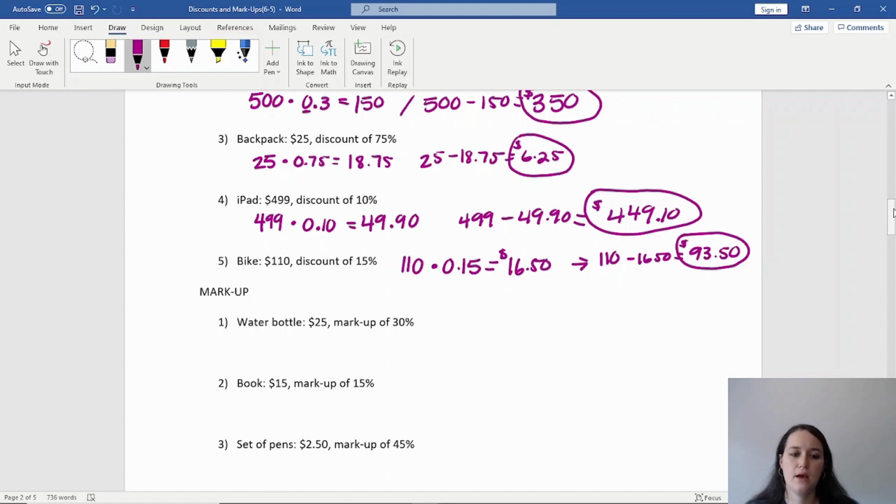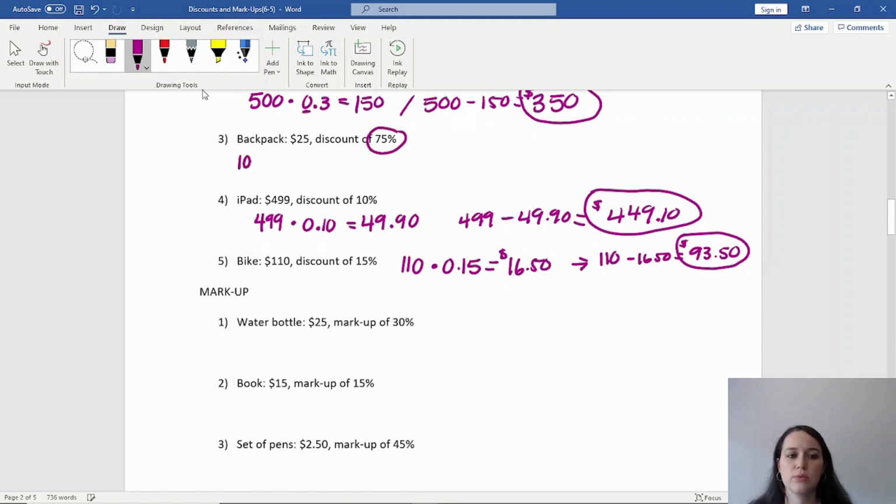The other way to solve discount, if you're comfortable with solving discounts in this way, feel free to skip a little bit, but there is a shortcut you can use. I'll do this on number 3. It's still 2 steps, but it's just another way. You'll subtract your percentage from 100.